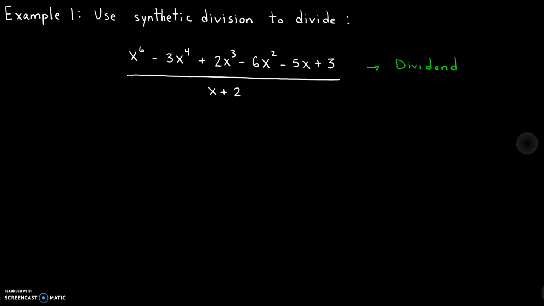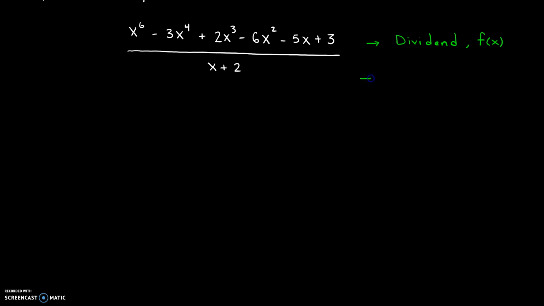We usually call this our function, f(x), the function that we are trying to divide. What we're dividing by is x plus 2, and this is known as our divisor. It's usually written in the form of x minus k.